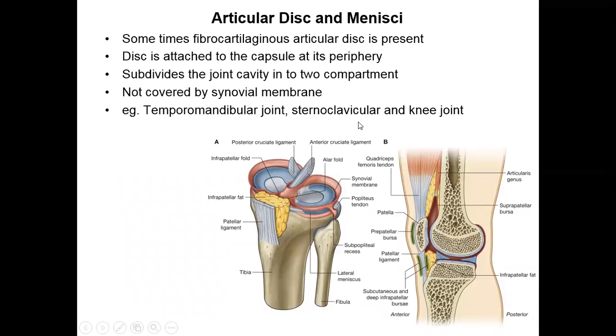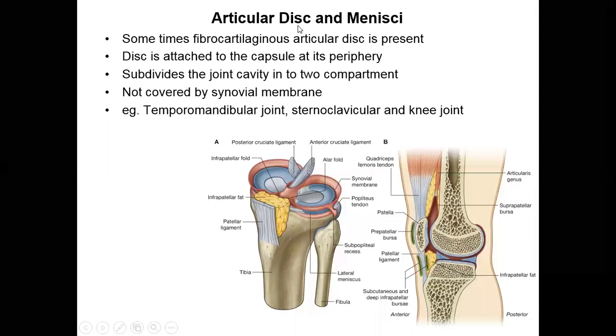Coming to the next structure which you may see in a synovial joint: the articular disc or menisci. This can be seen in a synovial joint, but it is not necessary that you always see an articular disc in a synovial joint; some of them have it.